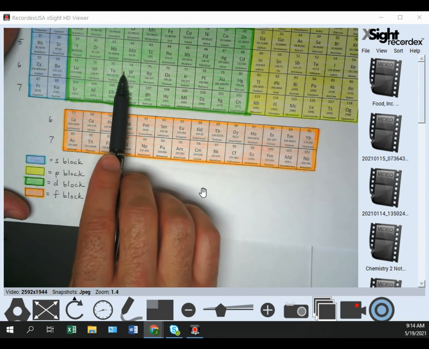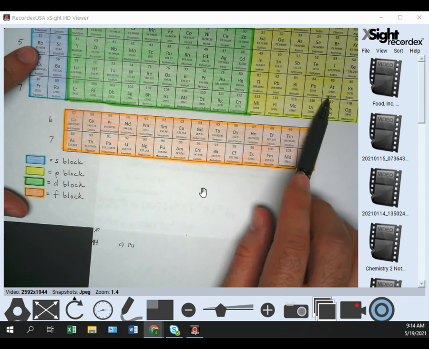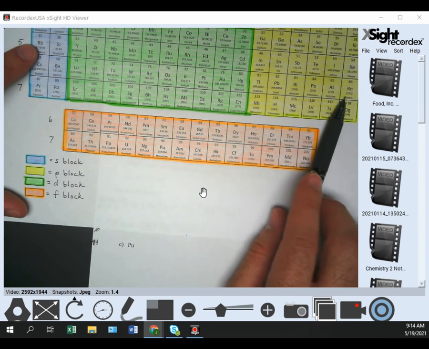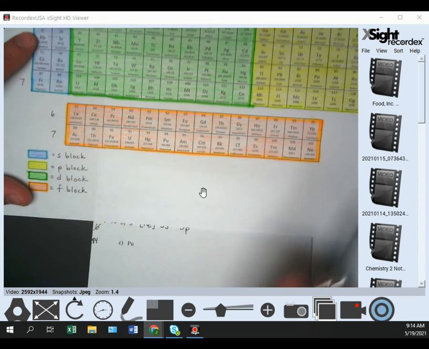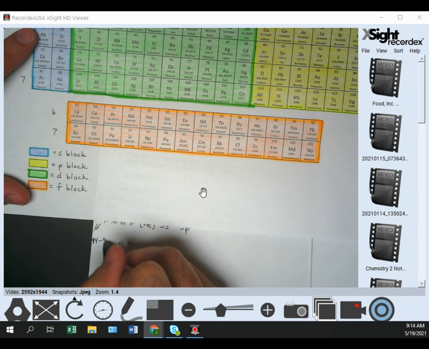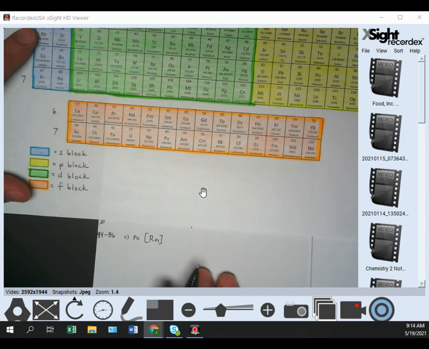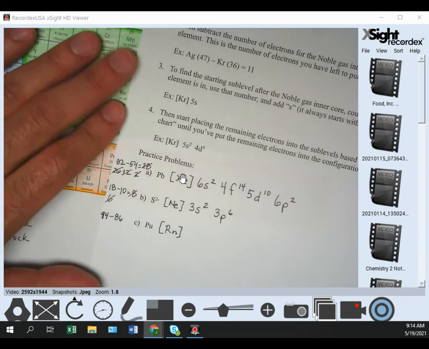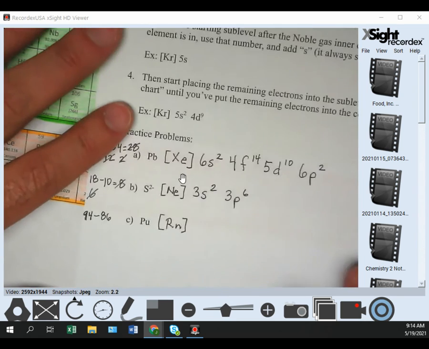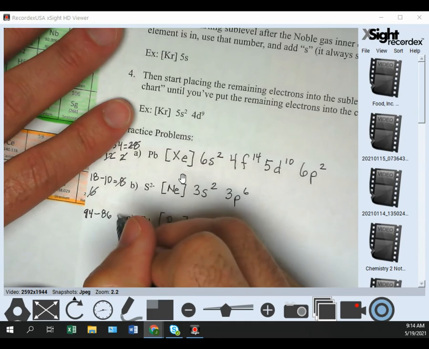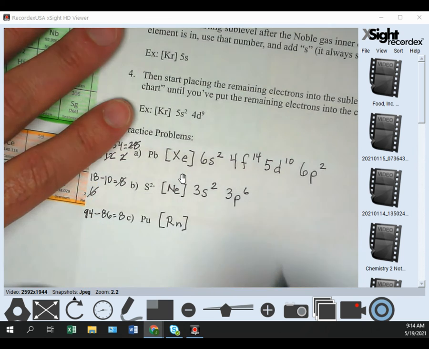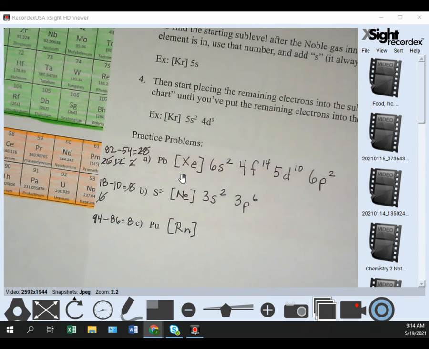So you're going to go up to row 6 up here, all the way to the right. And that's radon, Rn. So that's 86 electrons. So you put Rn in brackets. That's our noble gas in our core. We do 94 minus 86, which gives us what, 8, I think? Is that right? Yeah. So 8 electrons left.